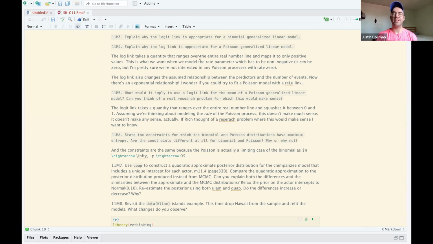That's what the log function will do. Because what we're modeling is the rate parameter, and rates can't be negative. So we use the log link for that.